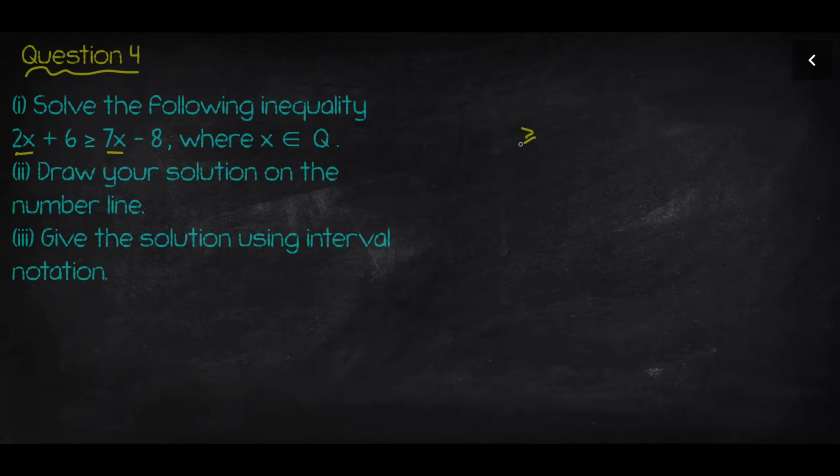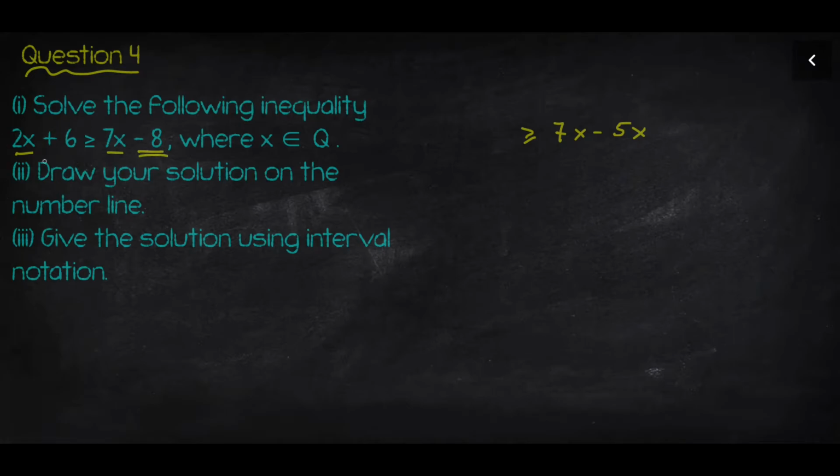So you leave the sign of inequality, more or equal, as it is and write 7x minus 5x, okay? And minus 8, you transfer to the left side to 6. It's going to be positive 8, and hence you'll get 6 plus 8.